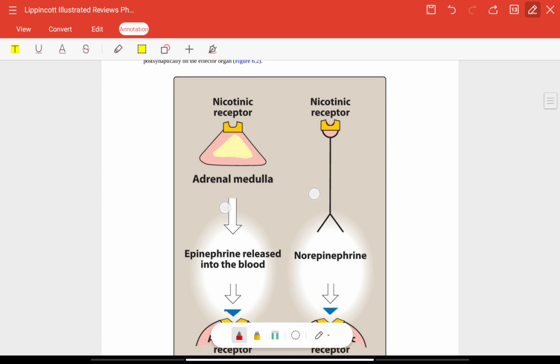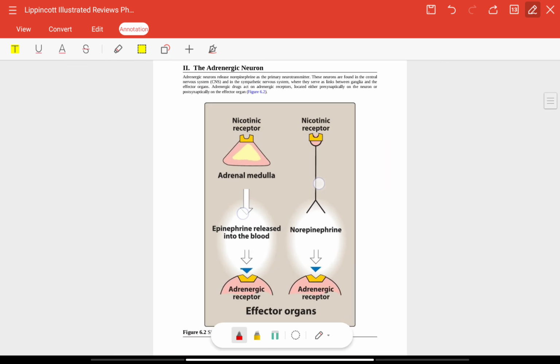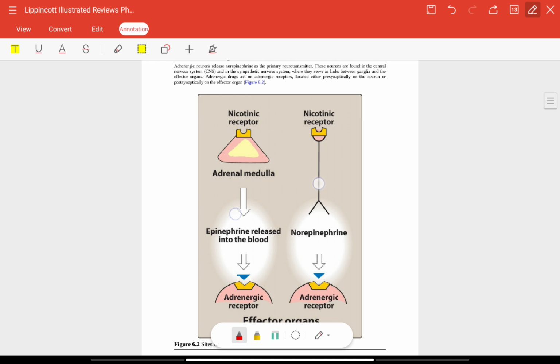Now the adrenergic neuron, you have to have a look at here. Adrenergic neurons release norepinephrine as a primary neurotransmitter. These neurons are found in the CNS and in the sympathetic nervous system.